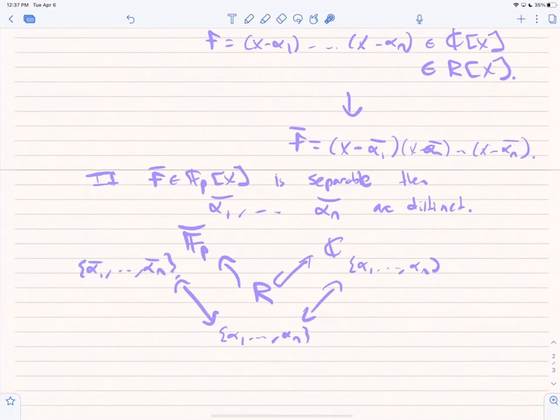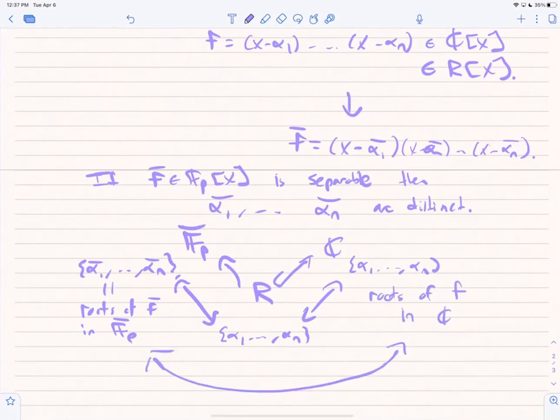So this is still a set of n elements. This is the roots of f bar in F_P bar, and this is the roots of f in the complex numbers. Okay, so there's a bijection between these things, produced in this way.